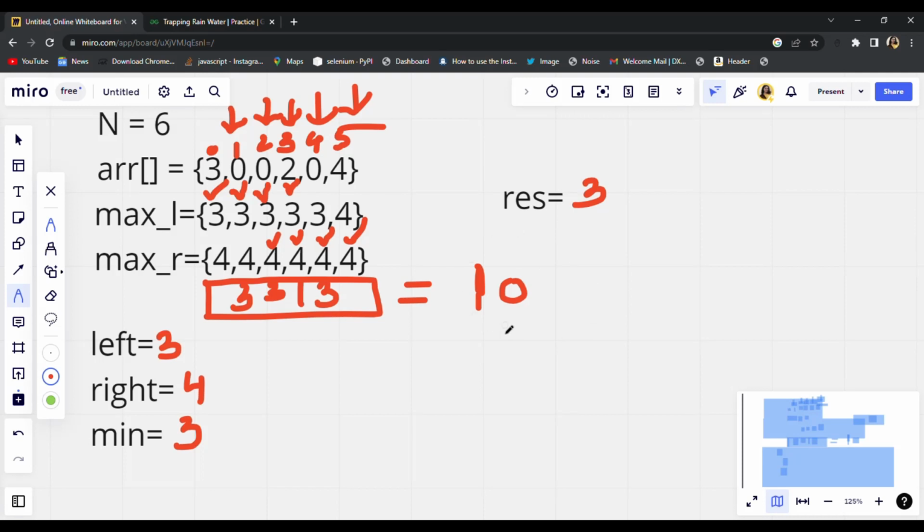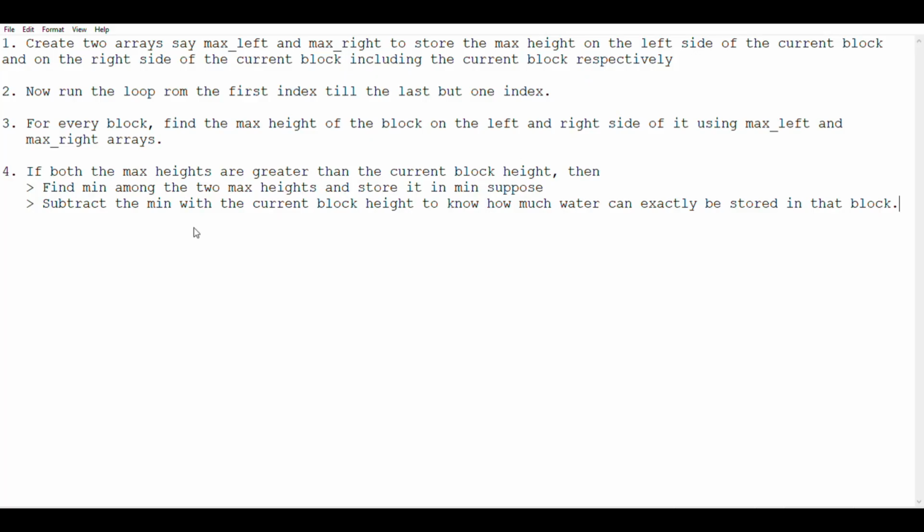So let's quickly see the algorithm for this, and then we'll see the code. Let's see the algorithm now. The first step is we need to create two arrays, say max left and max right, in order to store the maximum height on the left side of the current block and on the right side of the current block respectively, including the current block.